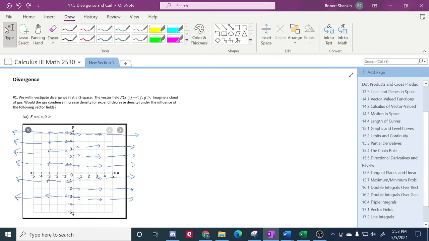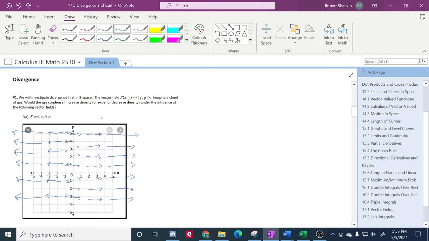All right, group 2, what do you say for this one? I figured that it was going to expand since the vectors move outward, and so you could say it blows the gas outwards instead of bringing it together.